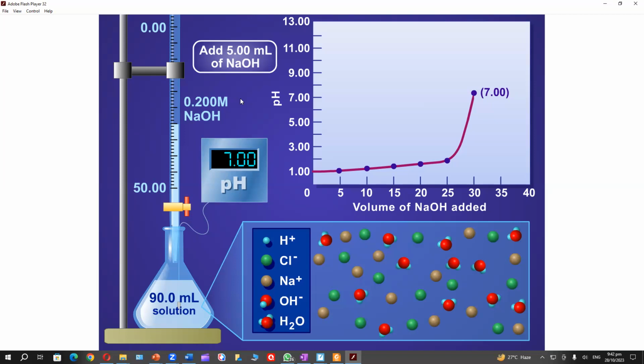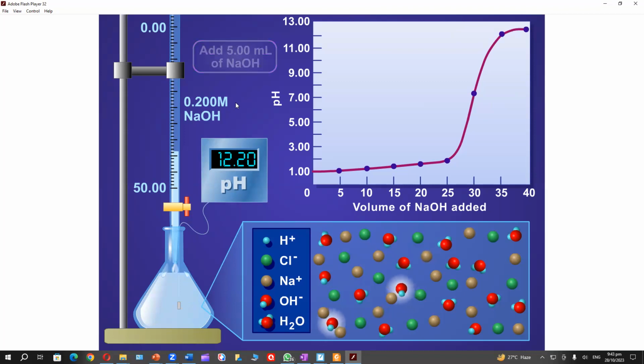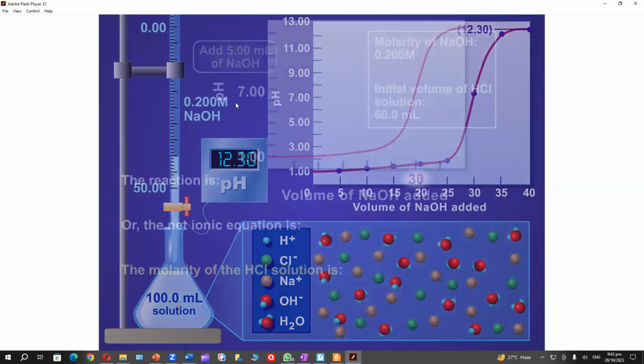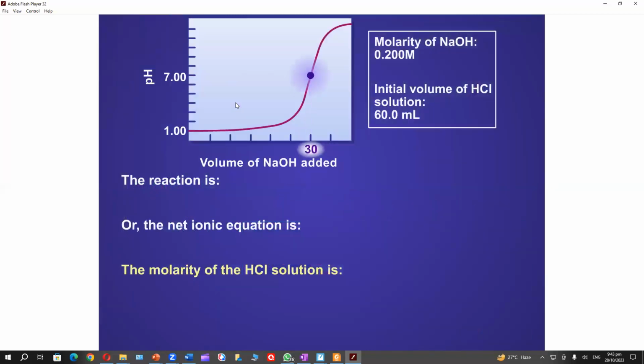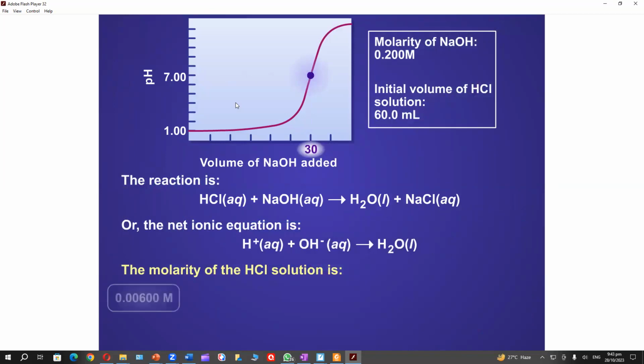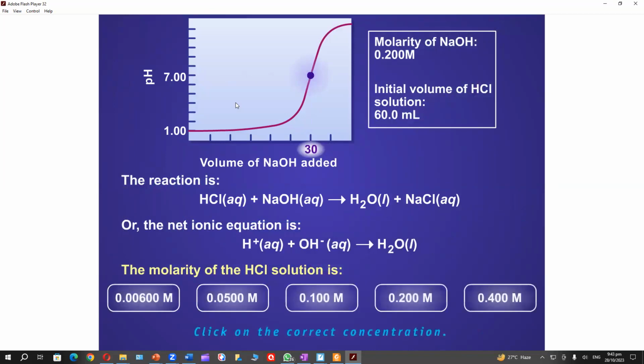Click to add more sodium hydroxide. Click to add one final increment of sodium hydroxide. Now let's calculate the molar concentration of the HCl solution. From the amount of base added to reach the equivalence point, you can calculate moles of base.